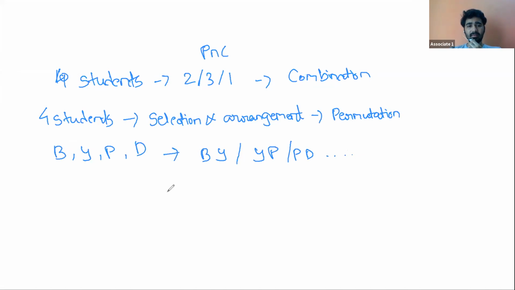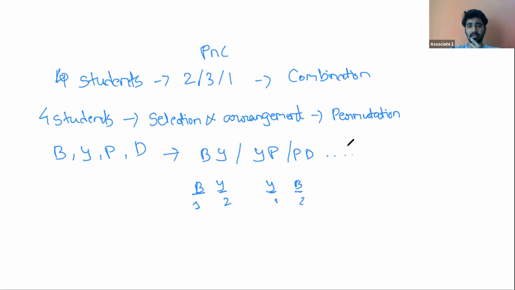But suppose I say that I have two chairs to make you sit on, this is number one, this is number two. Now, who sits on the first one? Suppose BY, this is one arrangement, and YB is another arrangement. Are you seeing the difference? This is known as arrangement. In the other case, it is just a selection. You select the two people. Who are those two people?